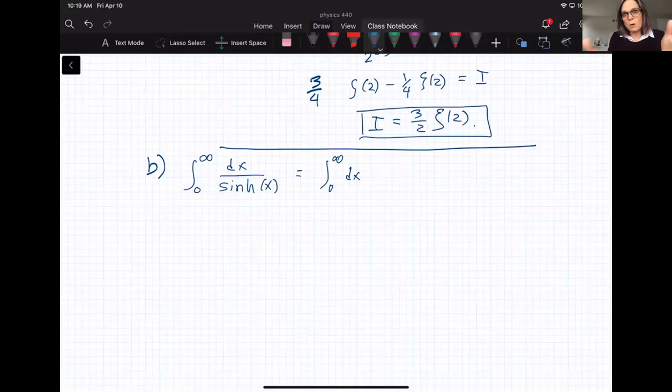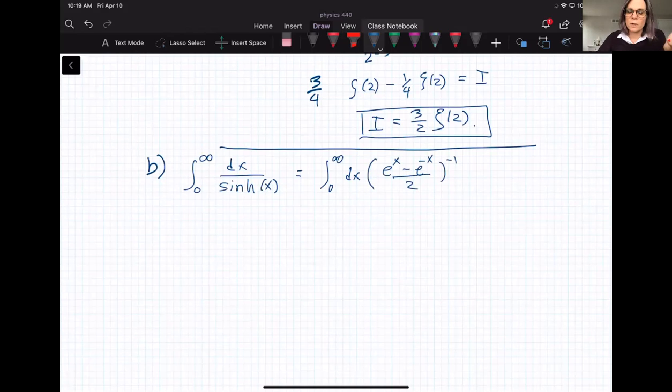Okay. You know the exponential forms for sine and cosine, right? So e to the x plus e to the minus x over 2, and things like that. For hyperbolic sine, we can write that as e to the x minus e to the minus x over 2. But we're taking the reciprocal of that.